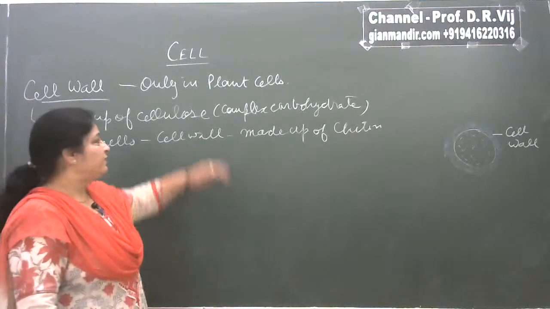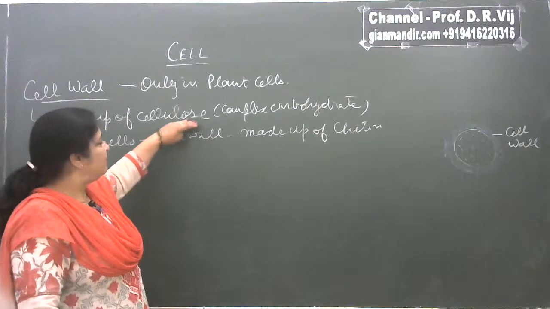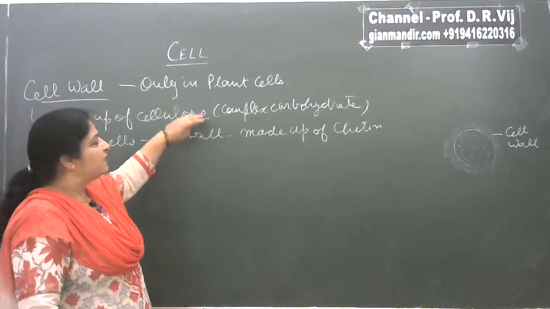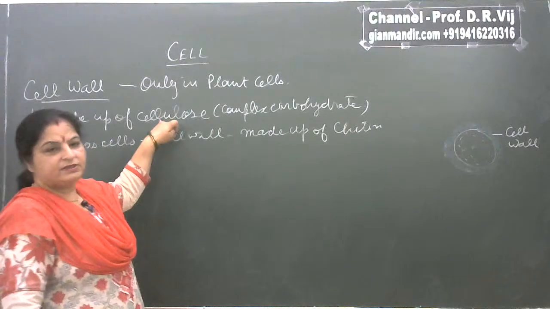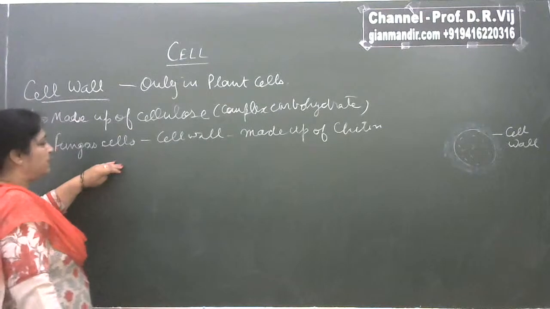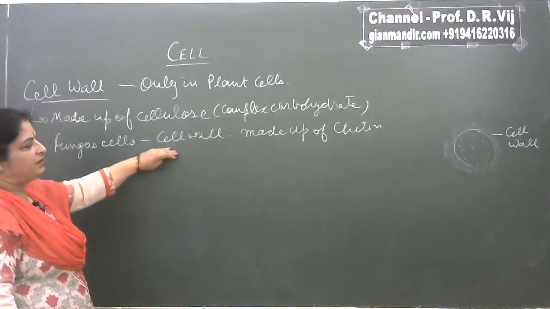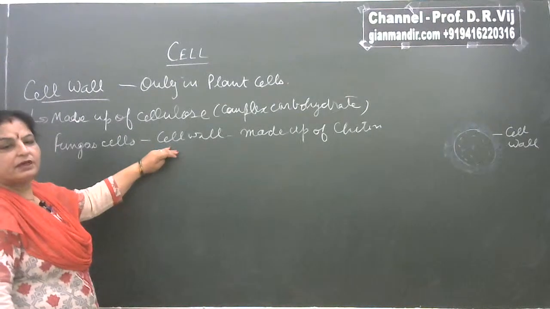So in this way, plant cells have a cell wall made up of cellulose, but in fungus cells there is a cell wall made up of chitin, right?